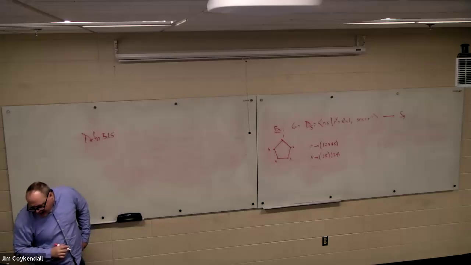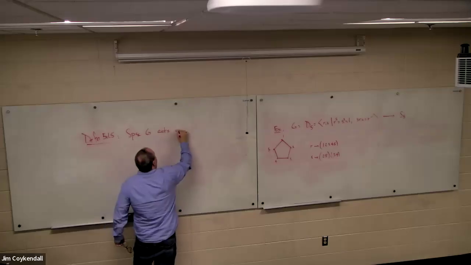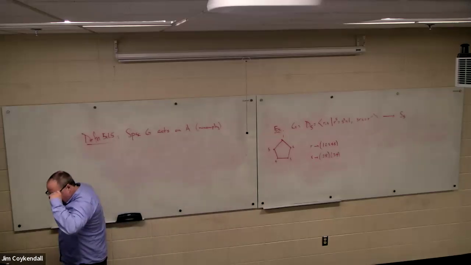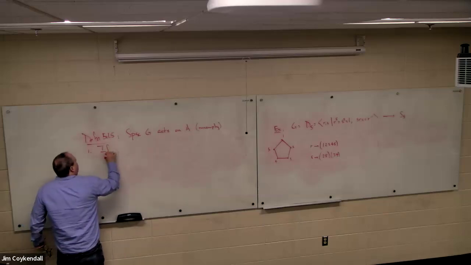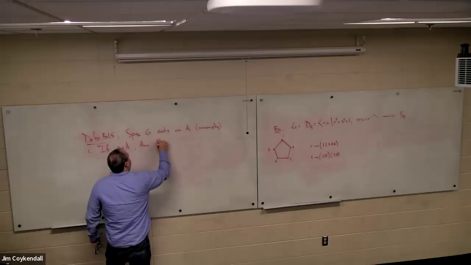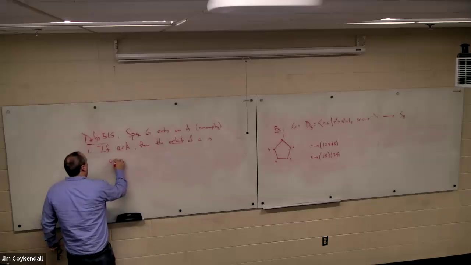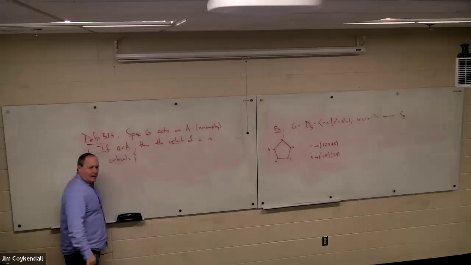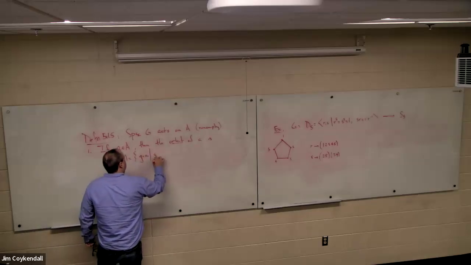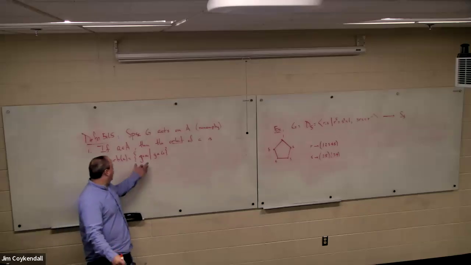Let's suppose that G acts on the non-empty set A. If a is an element of the set, then the orbit of a, and I'll write it this way often, orb a, is just the set of every place that a can be pushed by G. So you take every element of G and act on a and see where it goes, collect all those elements, and that's the orbit of a.